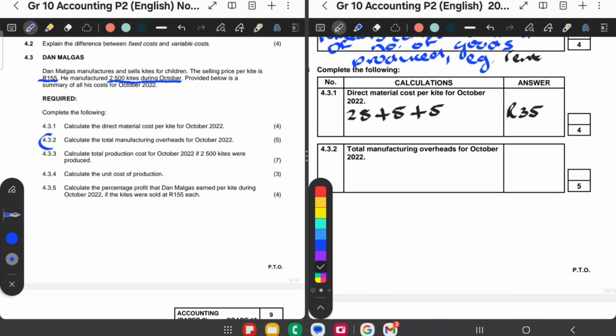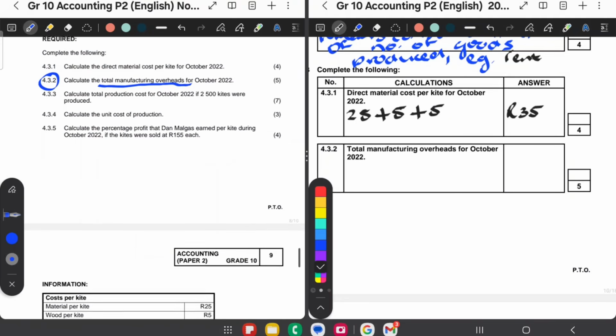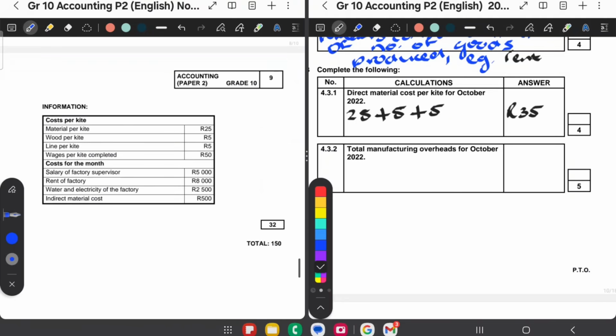Okay, our next question is calculate the total manufacturing overhead cost for October. So this is not per kite. This is the total and it's manufacturing overhead. So for manufacturing overhead cost, let's see what goes into that. Anything that has to do with the factory. So first, everyone who works in the factory that's not directly involved in the product. So the salary of the factory supervisor, yes, he is in the factory, but he is not making the kite.